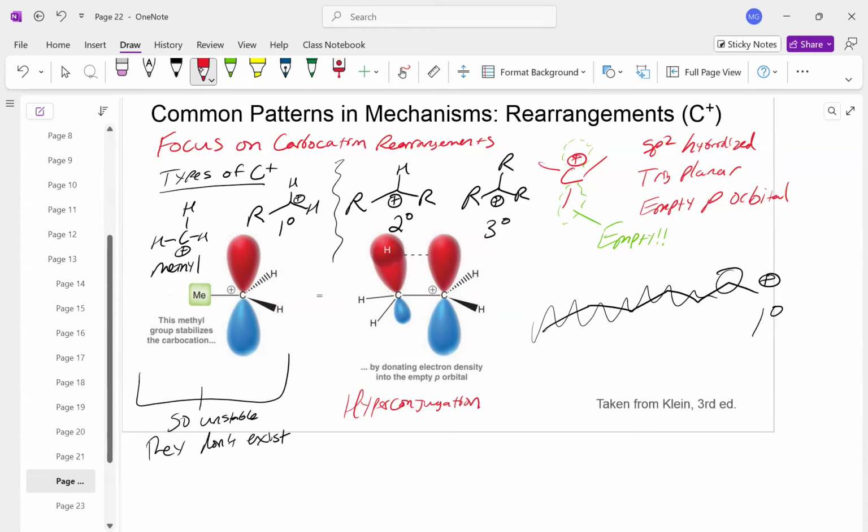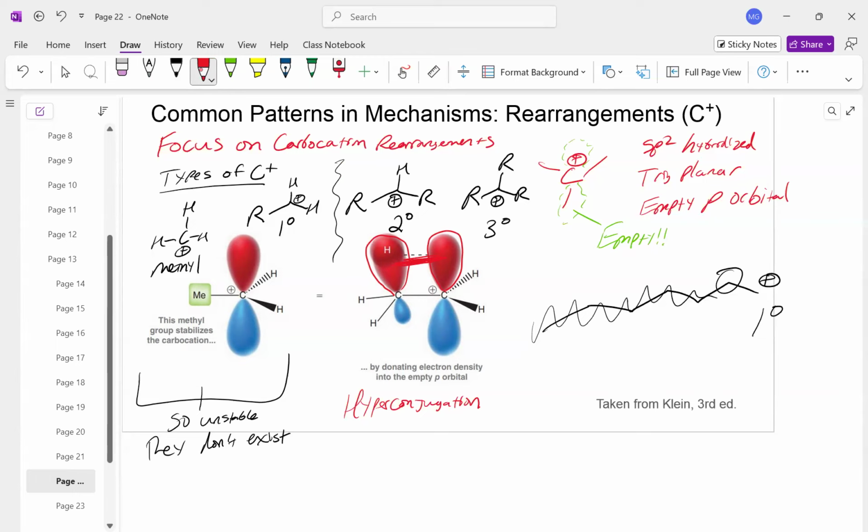So how does a carbon close to a carbocation help stabilize it? Well, there's a brief overlap between the sp3 orbital and the unhybridized p orbital of the carbocation. When those two orbitals overlap, it's helping distribute that positive charge to more atoms.